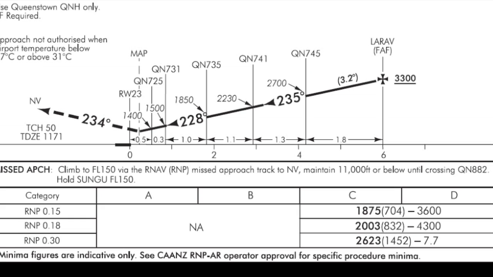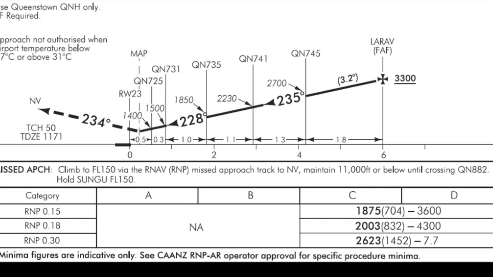So what you have to do is, I'll just bring up the chart here for you guys. As you can see, if I just zoom in, there are different RNP minimas, I suppose. So what we're doing is 0.1 or 0.15, as you can see here.